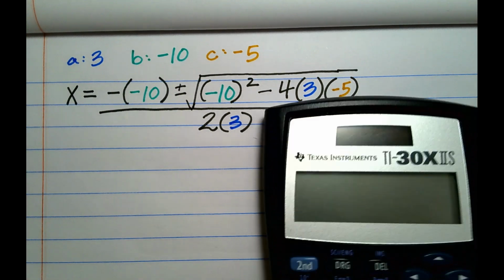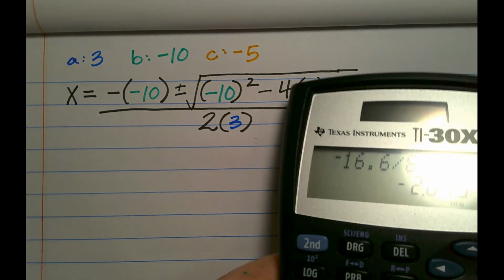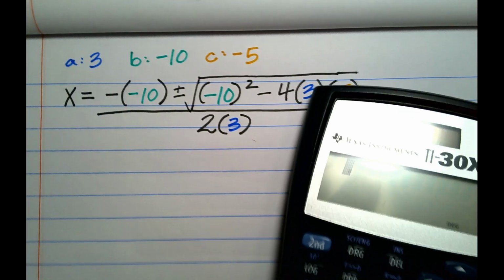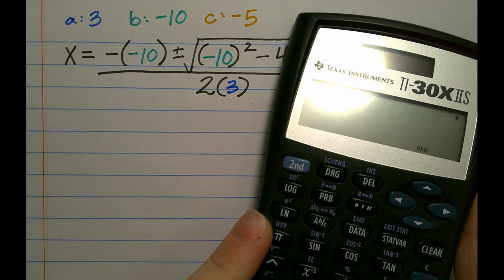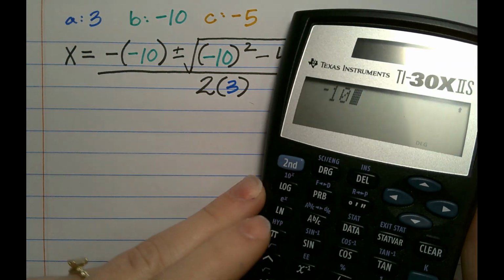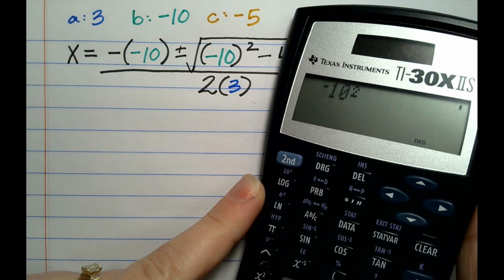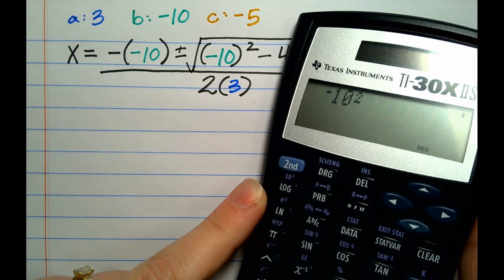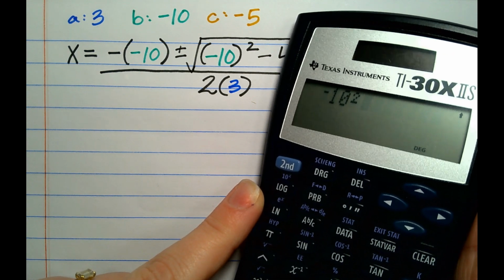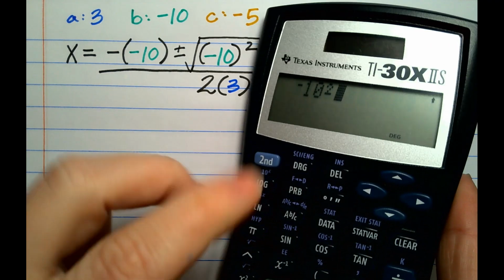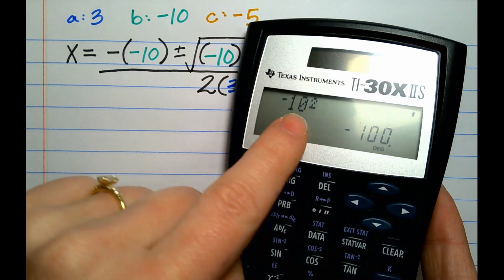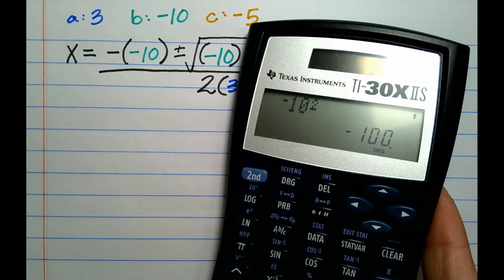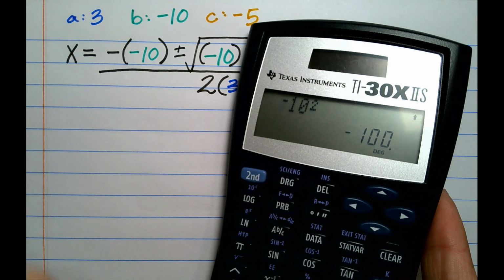I'm going to show this again today because I showed it yesterday, but some of us still made this mistake on our exit ticket. If you type negative 10 squared, your calculator is going to give you the wrong answer. This is the one time I'll tell you your calculator is wrong, because it's going to tell me negative 100. You will never square a number and get a negative answer. Does anybody know why?